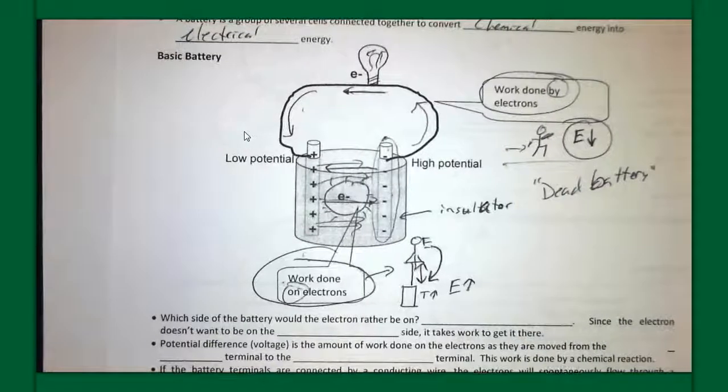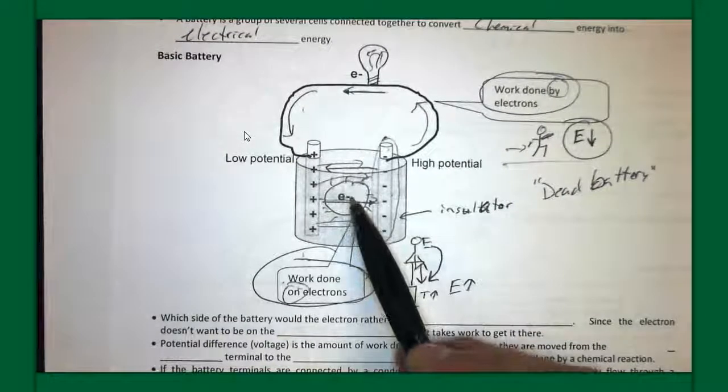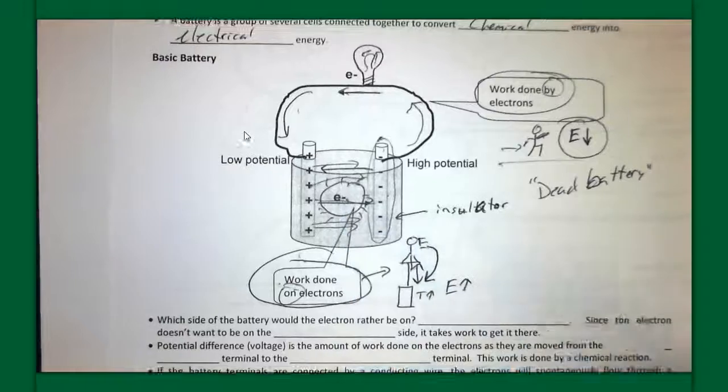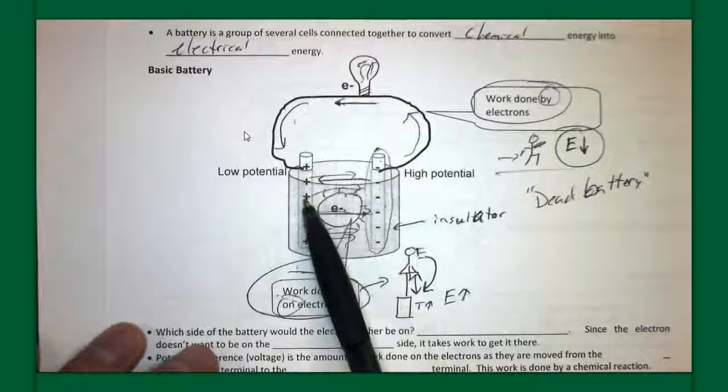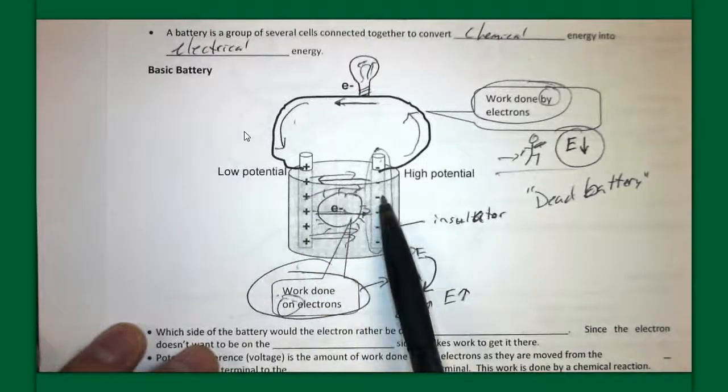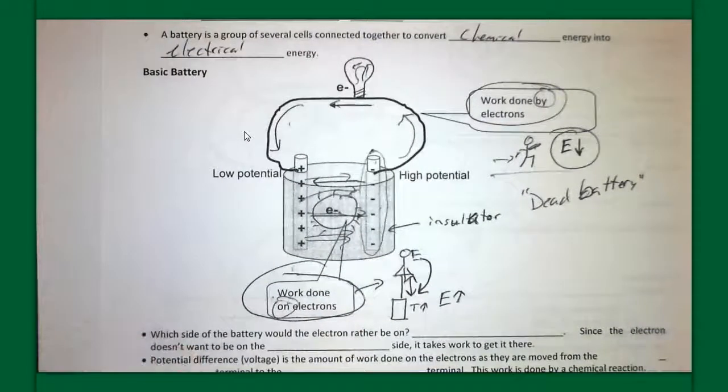Well, what it means is that this chemical reaction can no longer occur. Hopefully you remember when you took chemistry that there is no chemical reaction that can occur forever, and it's the same with this one. Eventually the reagents get used up, and this reaction can no longer pull electrons from one side to the other. When that happens, it doesn't mean that there are no charges in there. It doesn't mean that there are no more electrons.